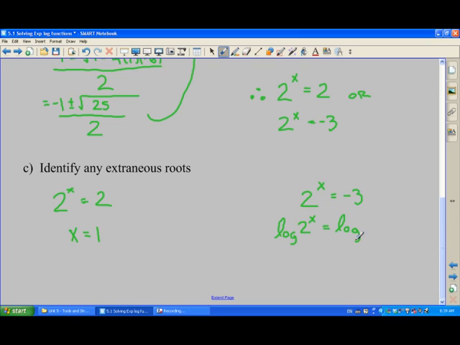And here we see that I'm finding the common logarithm of a negative number. I can't do that, which means that this is not a solution. So the only solution to this equation is x equals 1.